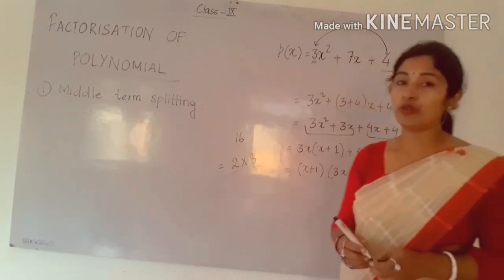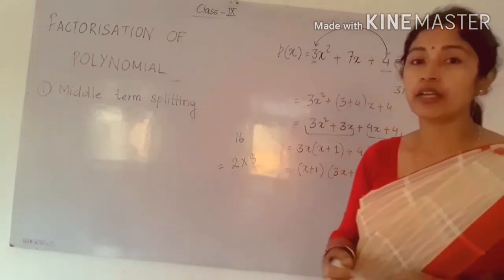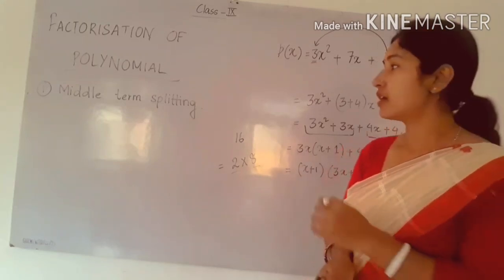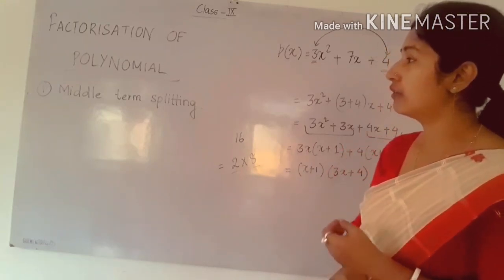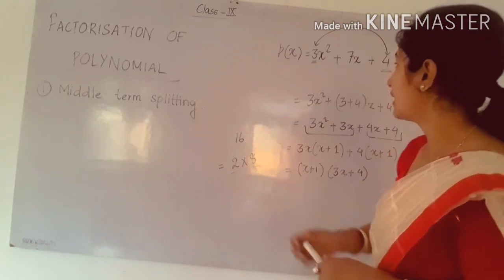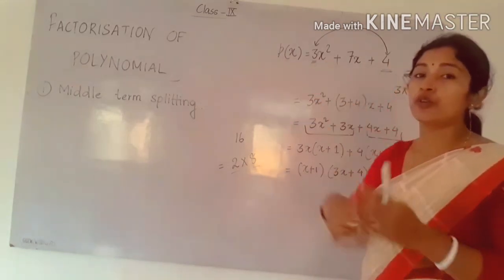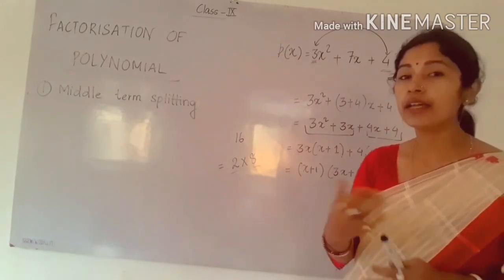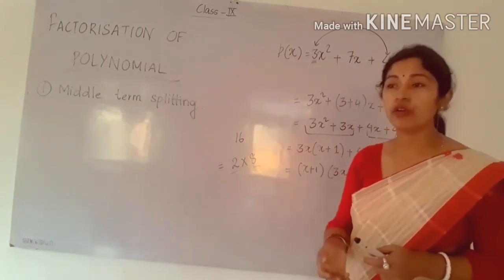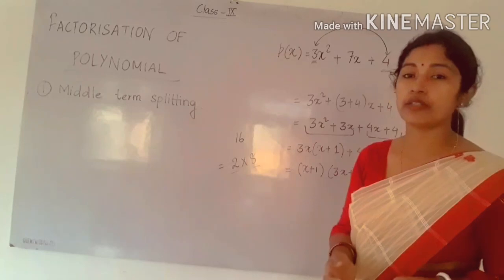So this is all for today. Try to practice exercise 2.3. There is another factorization remaining: if a quadratic polynomial is not given and a cubic polynomial or higher than cubic polynomial is given, then how to factorize it.